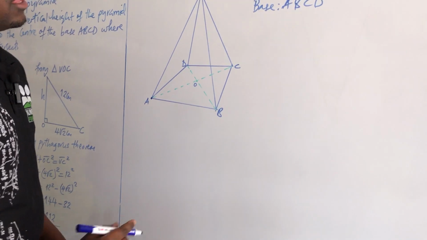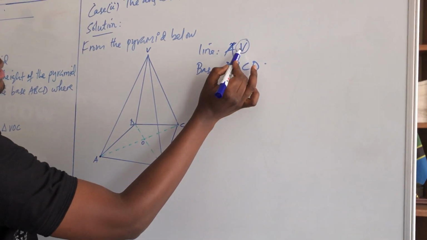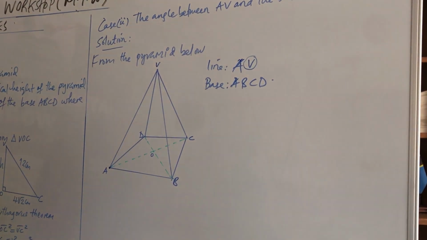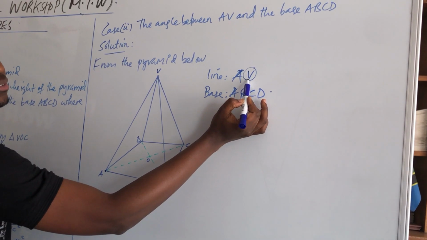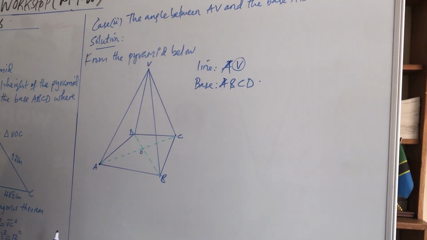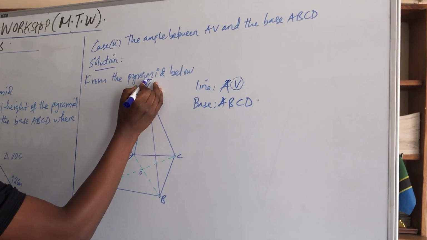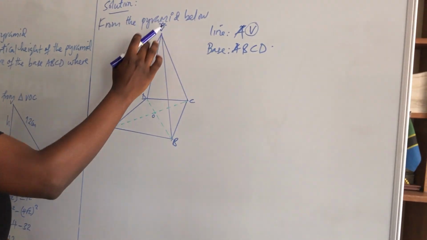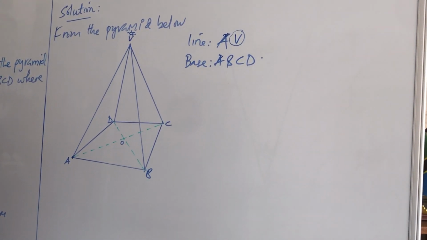Now from there, we go back to the line. Point V is the point that remains on the line, so we are going to project V onto the plane ABCD. How do we do that projection? We place a torch overhead point V so that its shadow will fall on the square base ABCD.